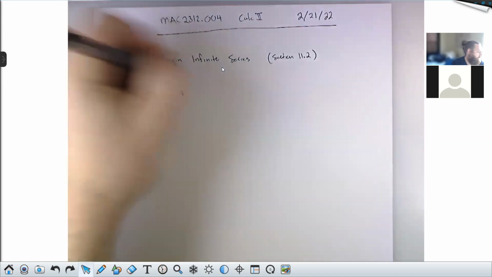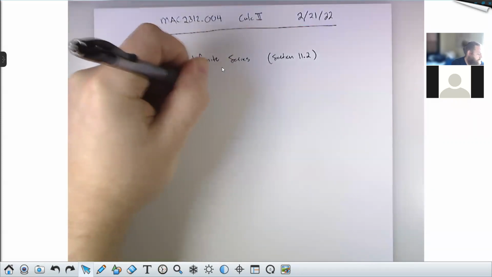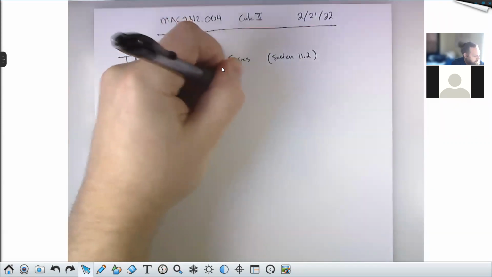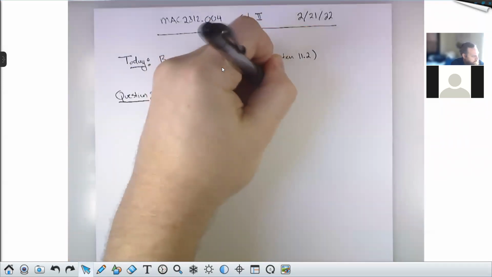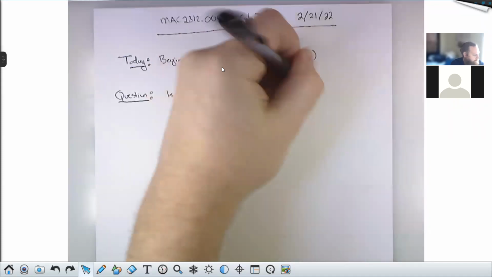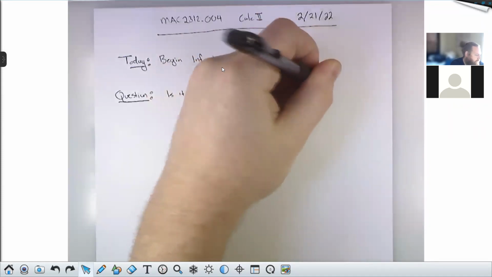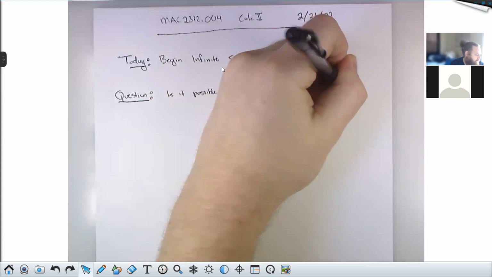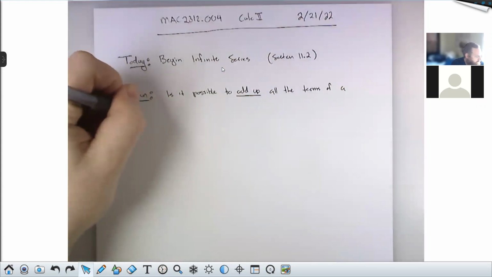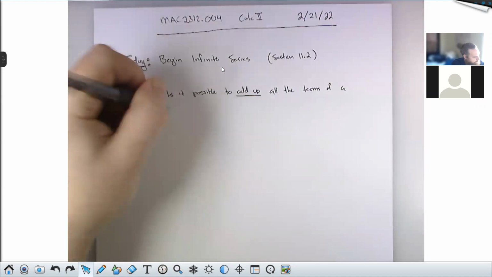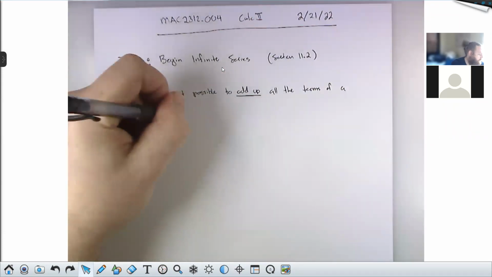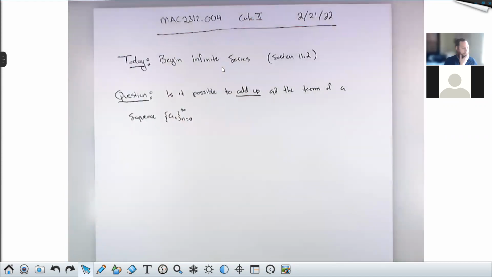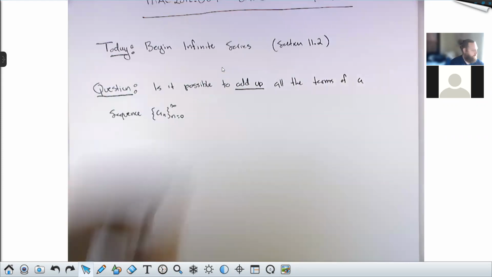Is it possible to add up all the terms of a sequence a_n? And let me go ahead and suppose that that sequence starts at 0. And that's our question, right?